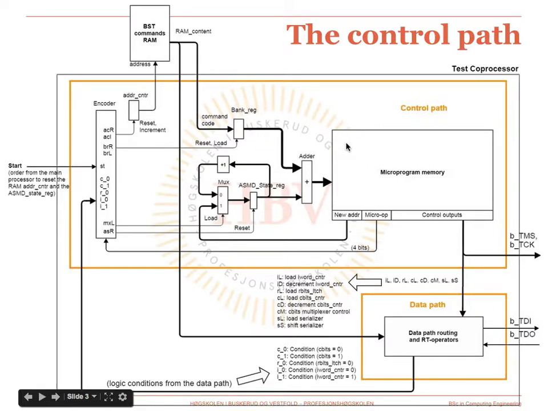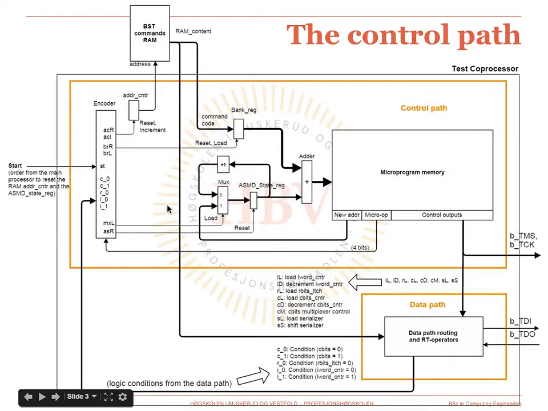For example, the reset command section may take up the first positions of the microprogram memory, followed by the TMS commands, etc. Whenever a new test command opcode shows up at the shared memory RAM content outputs, it will be loaded into the bank register block to mark the initial address of the corresponding microprogram memory section.